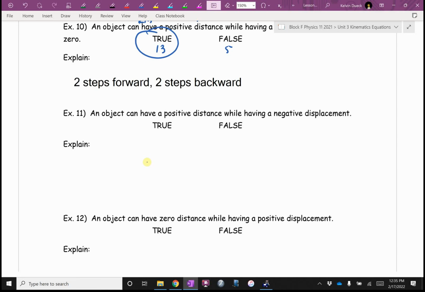Positive distance while having a negative displacement. Okay, time to make your call. Who says true? Okay, now I'm watching. 1, 2, 3, 4, 5, 6, 7, 8, 9, 10. I think everyone voted true, so convince me.